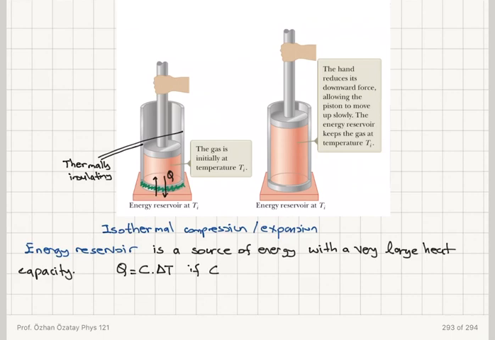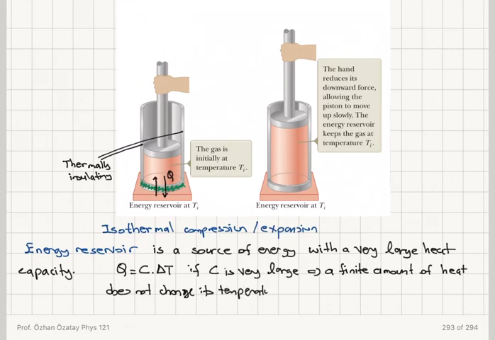If C is very large, then a finite amount of heat transfer does not change its temperature, because the change in temperature is Q divided by C. C is way too high, and therefore delta T will be very small, so there is almost no change in temperature.